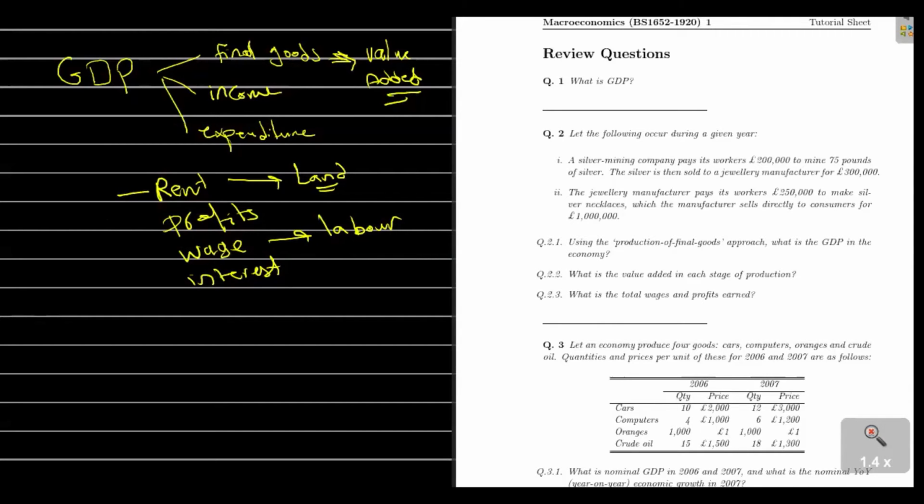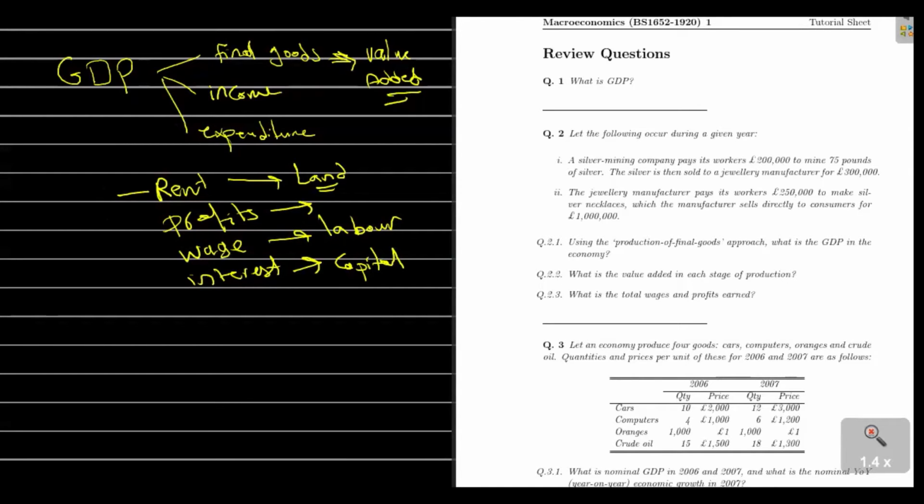Interest is the return on capital. And finally, the entrepreneurs who collect these factors of production, take the risk, and organize the production process, receive profits. So these are the sort of incomes in an economy.